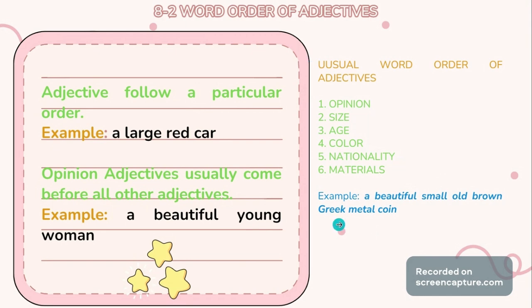For example, a beautiful, small, old, brown, gray metal coin. Opinion is beautiful, size is small, age is old, color is brown, nationality is gray, and material is metal coin.